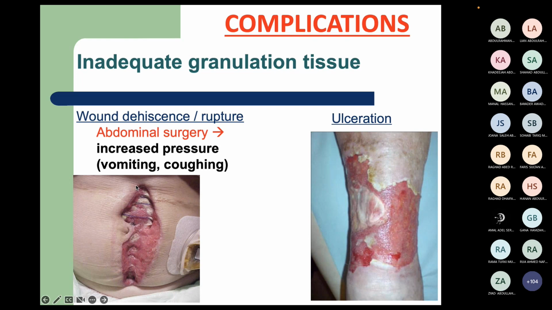Cesarean section was done, but she then developed vomiting and coughing. That is the reason the wound could not be made still and motionless, and that kept on breaking. This process, opening of the wound, is called wound dehiscence or wound rupture. This occurs in complications of abdominal surgeries. Ulceration is an example in which there's inadequate granulation tissue.